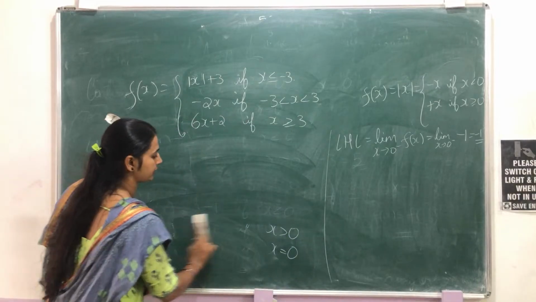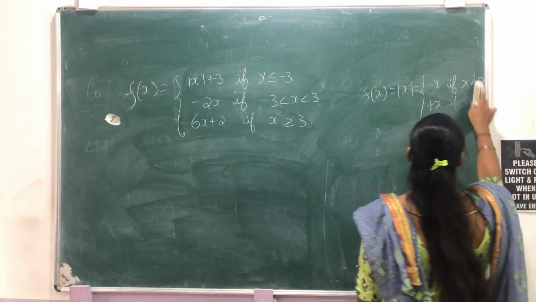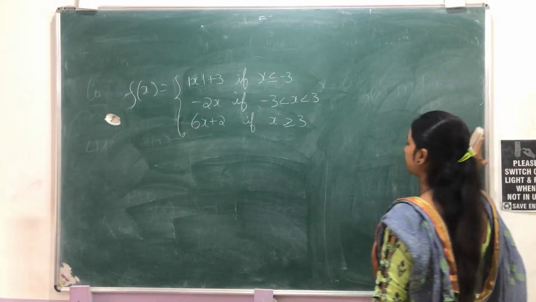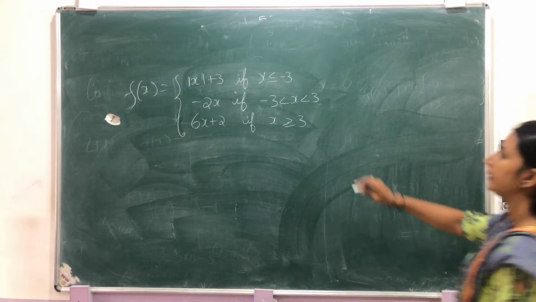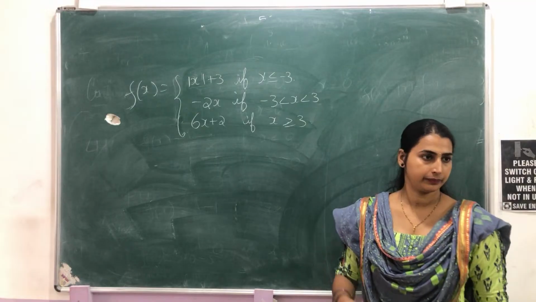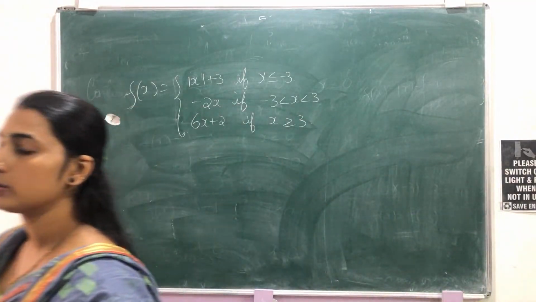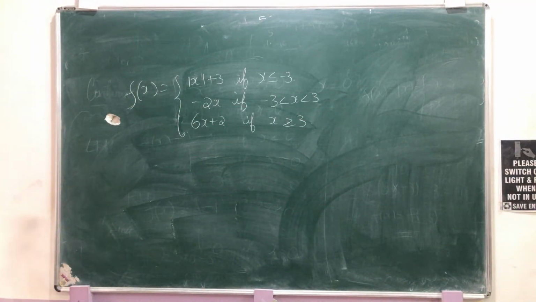Here, how many points are given in the question? Look at the question. How many points you can see? 2 points, right? One is minus 3 and one is plus 3. So you need to solve them separately for x equal to minus 3 as well as x equal to plus 3.